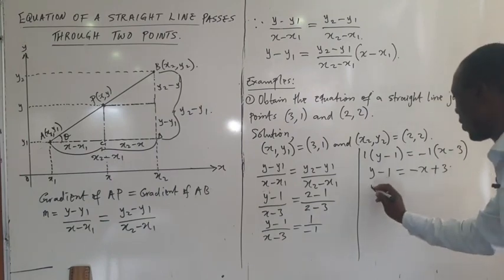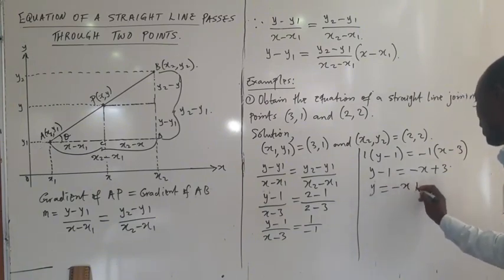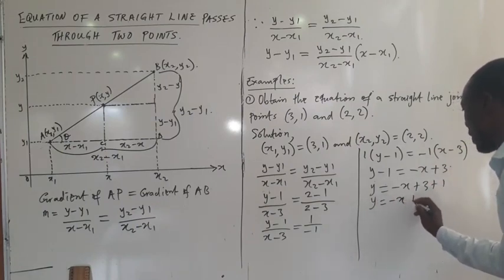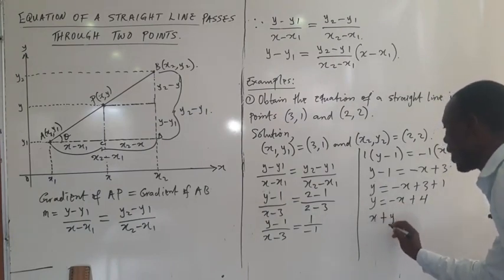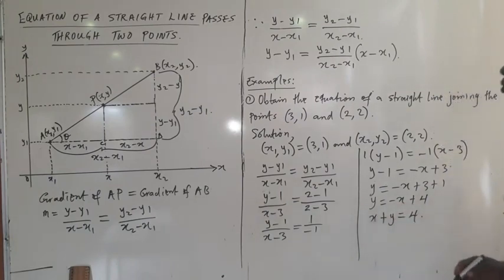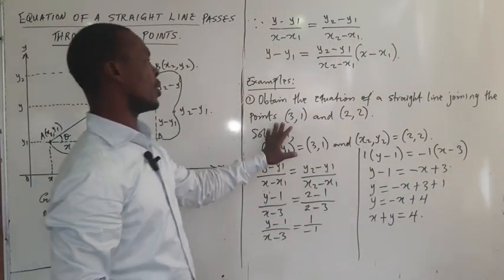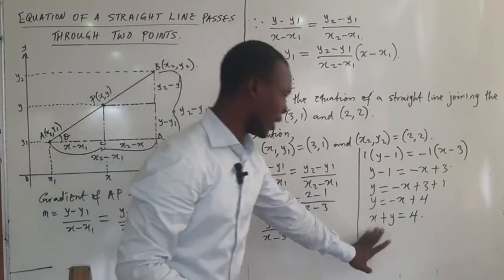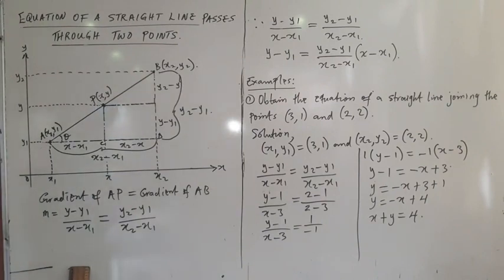So we now have y equals minus x plus 3 plus 1. So y equals minus x plus 4. You can as well write it as x plus y equals 4. So the equation of a straight line passing through the points (3, 1) and (2, 2) is x plus y equals 4. So that is that on example 1.